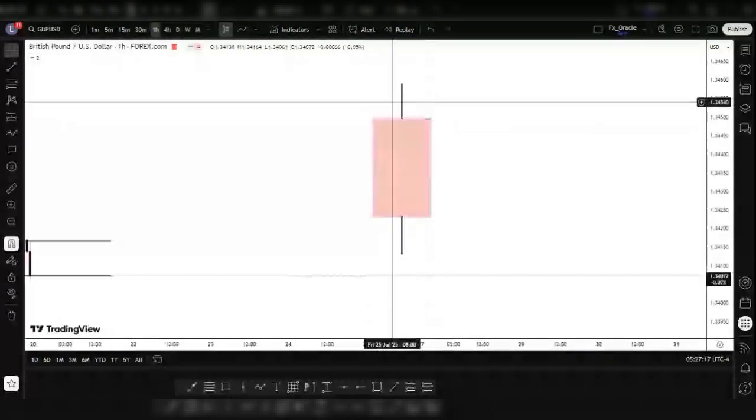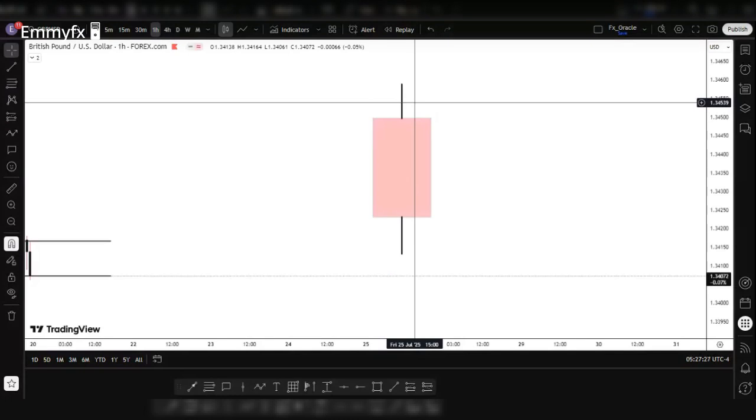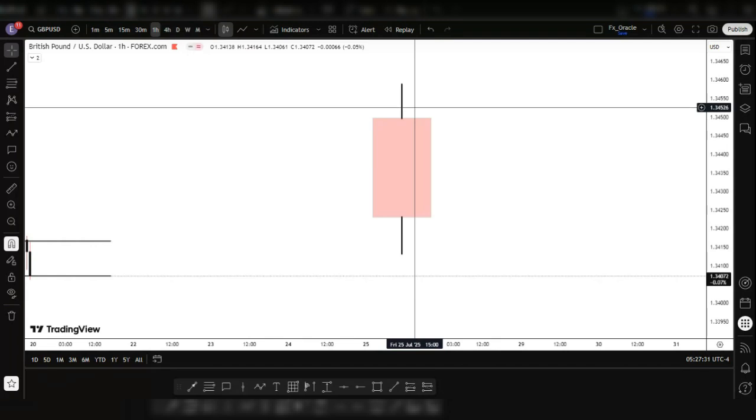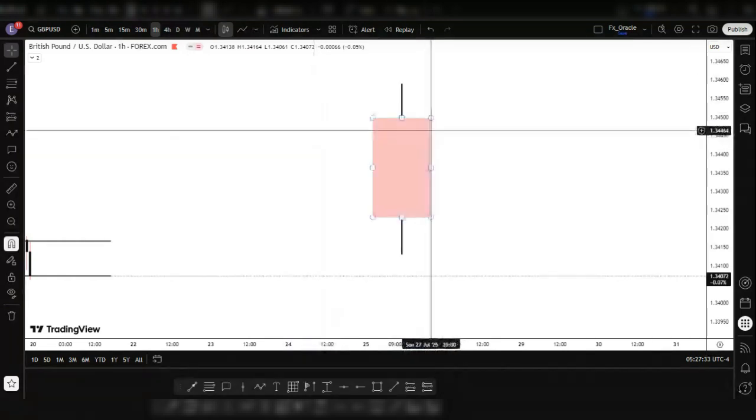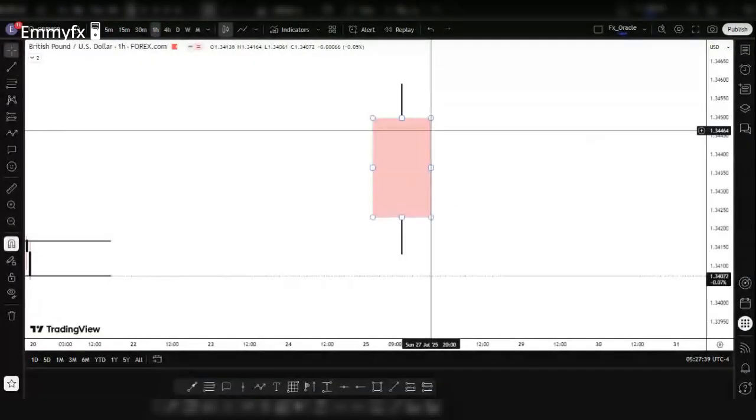The wick is telling you that we are not ready to go in that direction. We are opposing that direction. We don't want to go there. But once you see a full body closure like this, it definitely means that we are ready to go in the direction of that momentum. That body stands for momentum, for direction. It gives you more insight into where they are going.